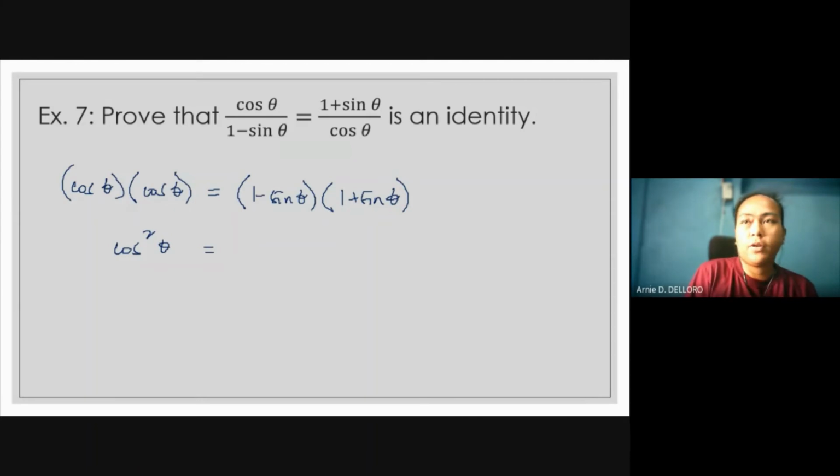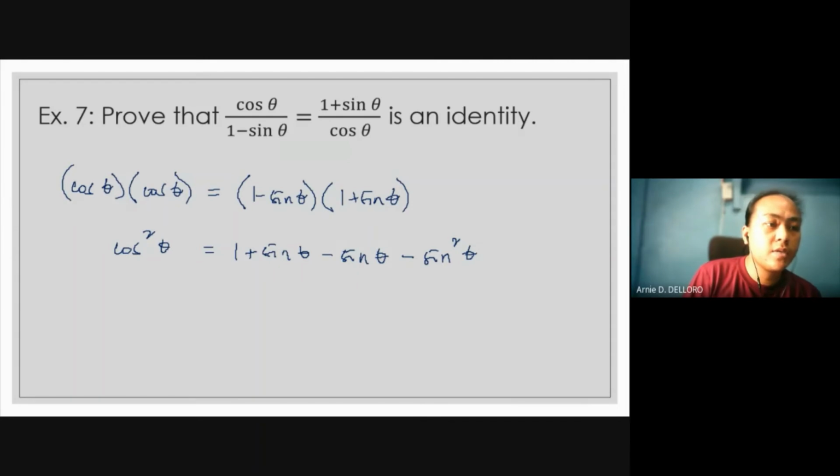Then applying FOIL method in this product, so we have 1 times 1 is 1. Negative sine theta times, hindi, mali, FOIL pala. 1 times sine theta is positive sine theta. Negative sine theta times 1 is negative sine theta. Then negative sine theta times positive sine theta is negative sine squared theta.